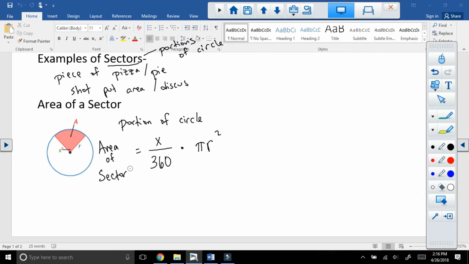When we did length of an arc, it was basically the same thing, except instead of pi r squared, it was 2 pi r, because we were talking about the percent of the circumference. Now we're just talking about the percent of the circle. So if you find the percent of the circle by dividing this interior angle, that central angle, by 360, that would give you the ratio of how much of the circle it is, and then multiply that by the whole part.